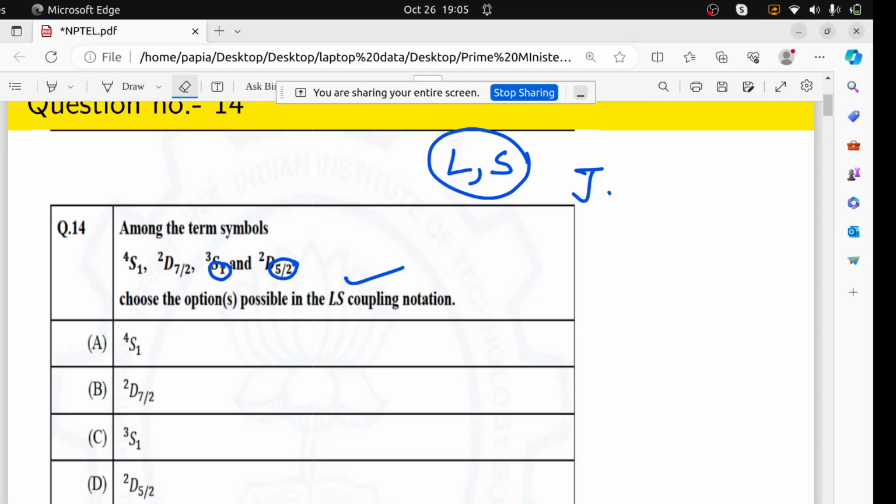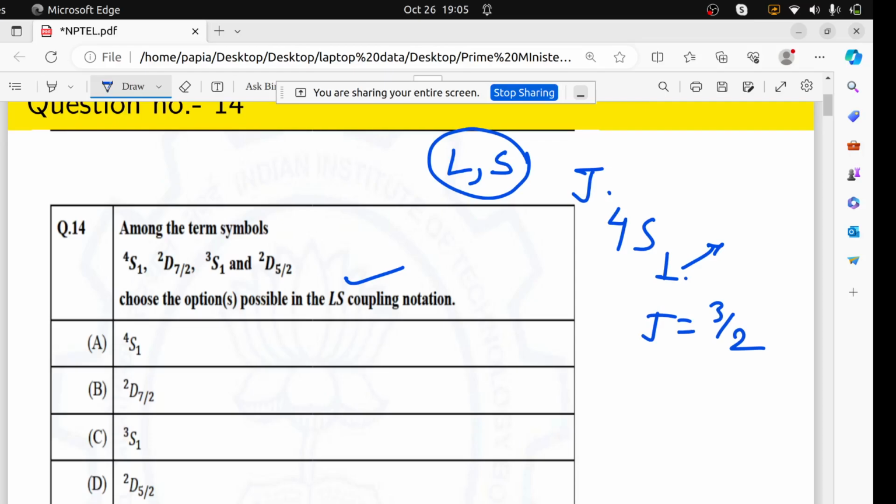So 4S1 is not possible, because the calculated J is 3/2 while the notation gives 1.